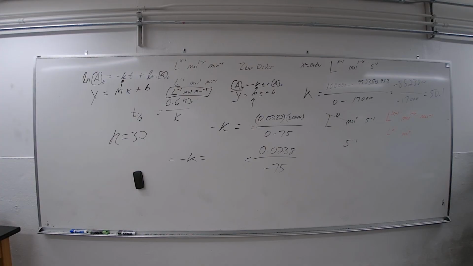Right, so this needs to change. It's first order, so that's 0, that's 0. So it should just be minutes for that. Oops. Number 5, all kinds of problems with it.